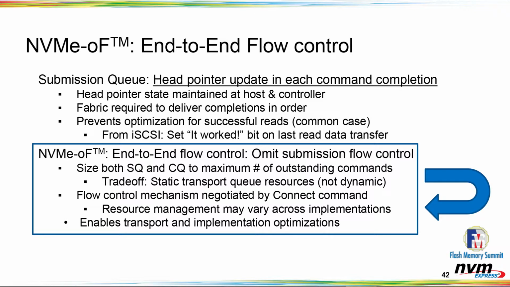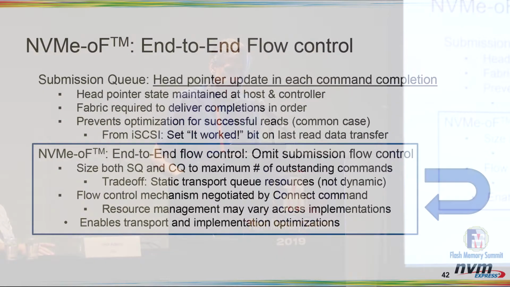So you lose a little bit of your ability to do dynamic resource management, but it enables all the good things on the top half of this slide, and the flow control is now running end to end from the host submitting commands to getting completions back, and is resulting in all kinds of useful transport optimizations.